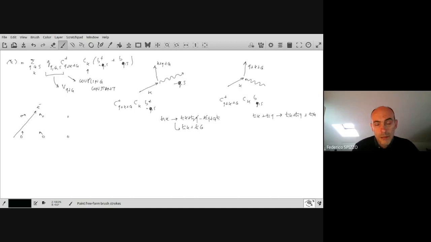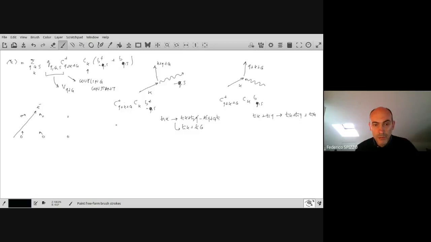Before going on with the description of the effects of the electron-phonon interaction over the dynamics, in particular over the dynamics of the electrons, I would just like to add a comment concerning the fact that we have a conservation.